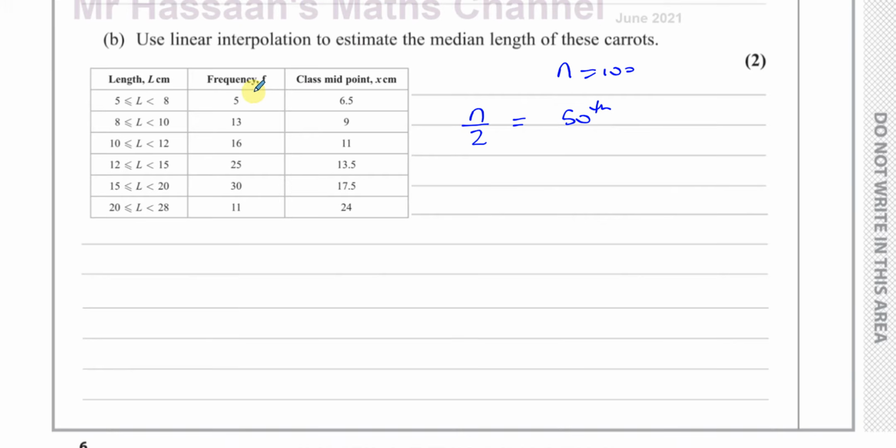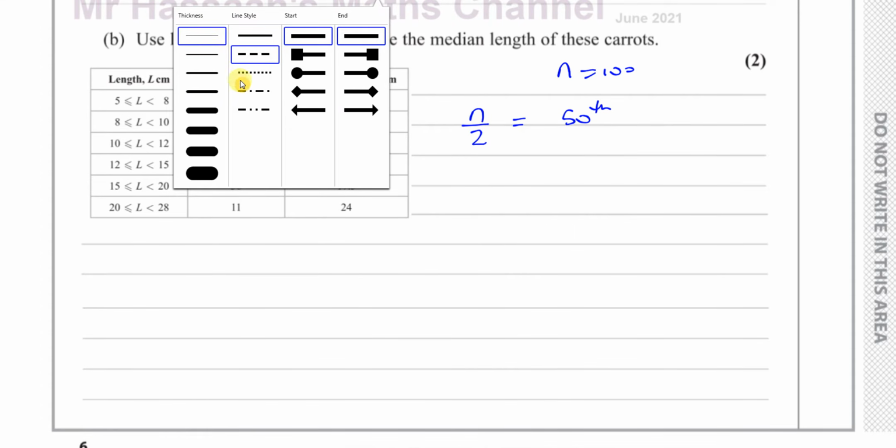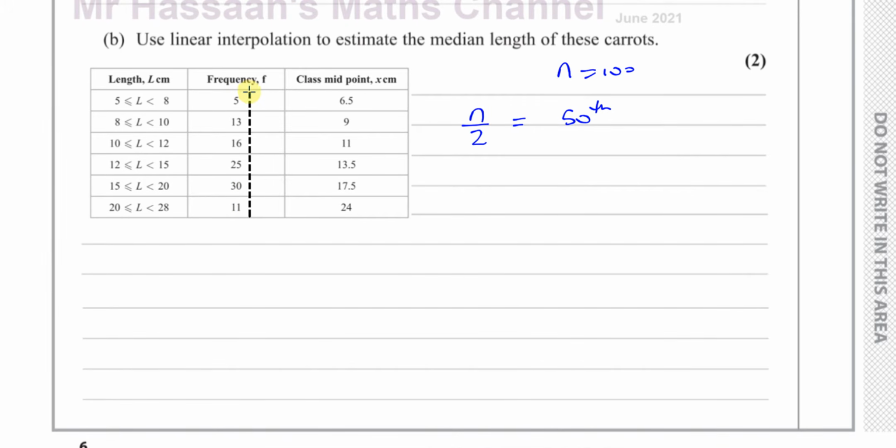I'll make a little line to separate. This is 5, then 5 plus 13 is 18, and then 18 plus 16 is 34. So by the end of this group, we're on the 34th term.